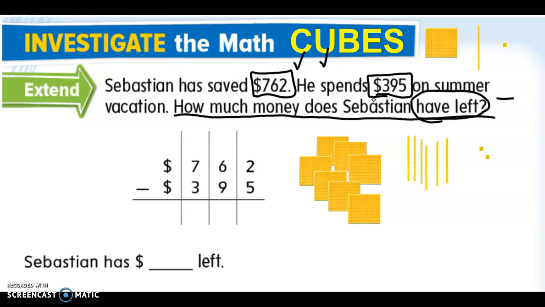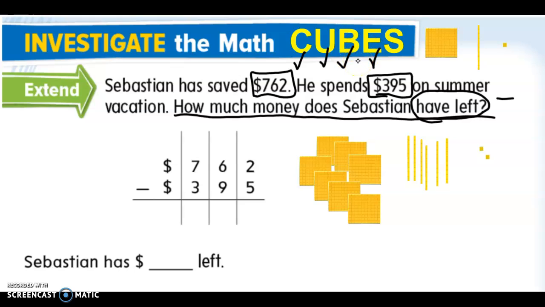You lose it. Well, in order to lose things in math, you subtract to get rid of them. So in this problem, we're going to subtract 762 minus 395 to find out how much money Sebastian has left. So I've boxed my numbers. I'm going to go ahead and cross that off. I've evaluated. That was deciding what I needed to do to solve this.